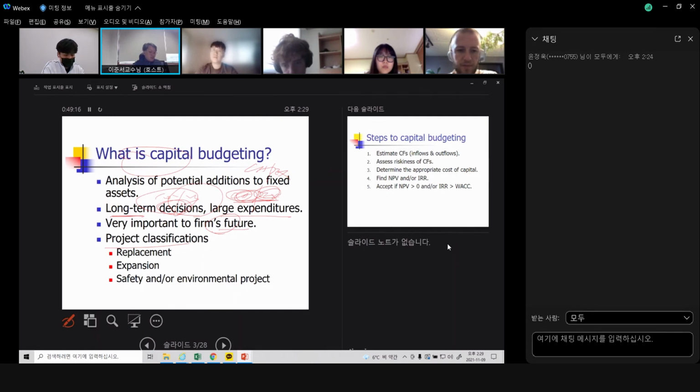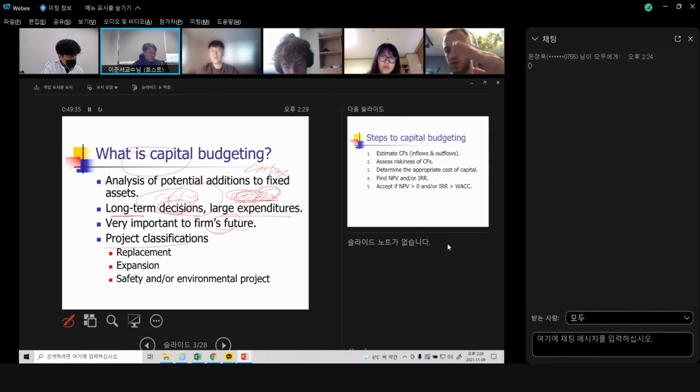There are 7 types of capital budgeting, 7 types of project investment. Let's take a look one by one. Accordingly, firms generally categorize projects and then analyze them somewhat differently in each category.